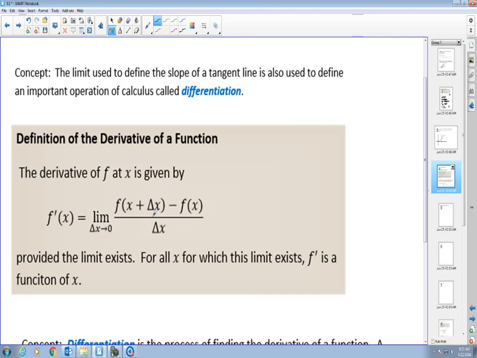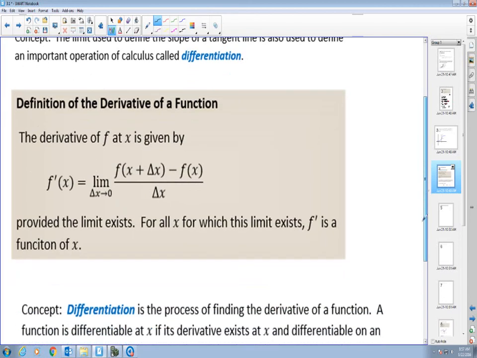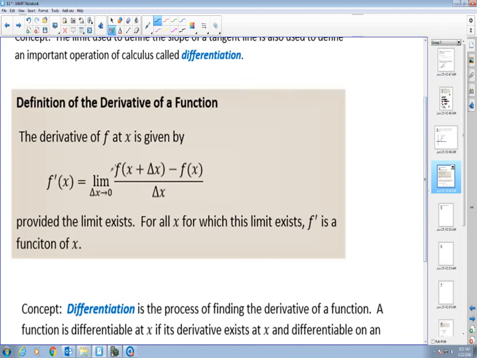So the limit process that we use to find the slope of a tangent line is the same as the derivative of a function at x. The concept of limit promotes the derivative of a function.